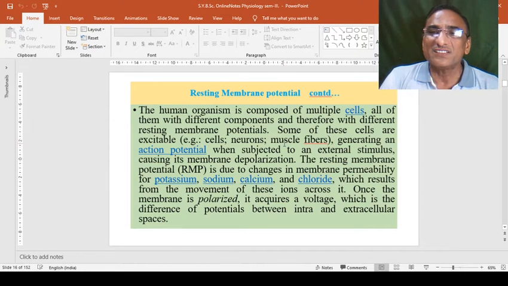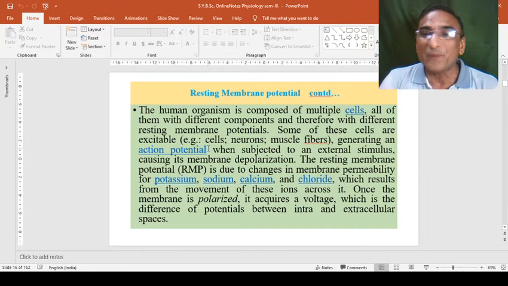During excitation, the cells generate an action potential. This is also a new concept for you. Action potential is an activity carried out at the membrane of these excitable cells, and it plays a key role in the movement of ions and chemical materials inside and outside the membrane.